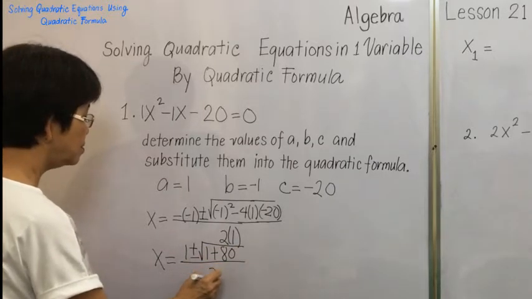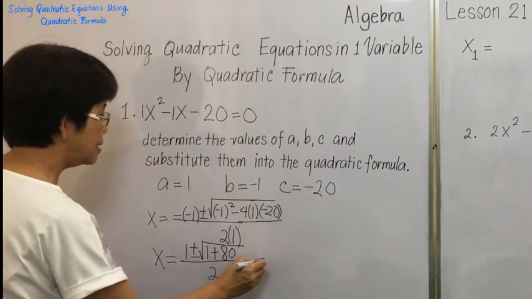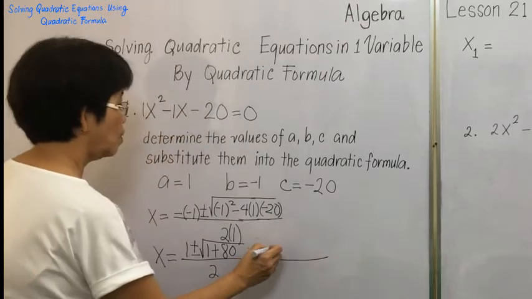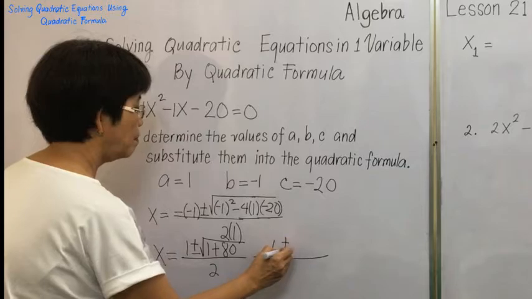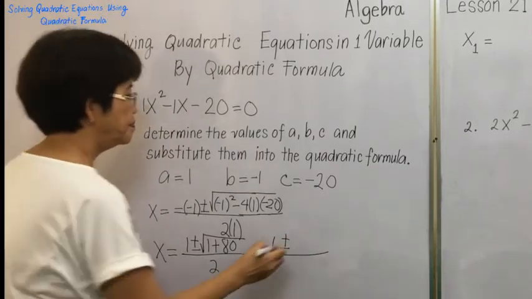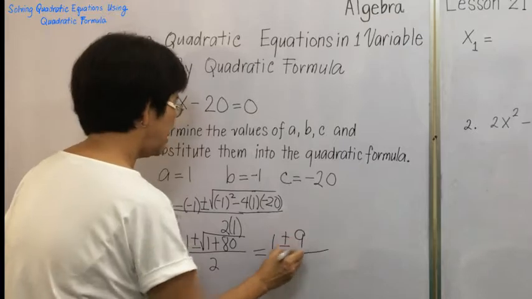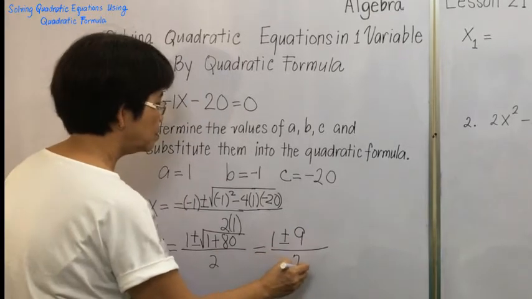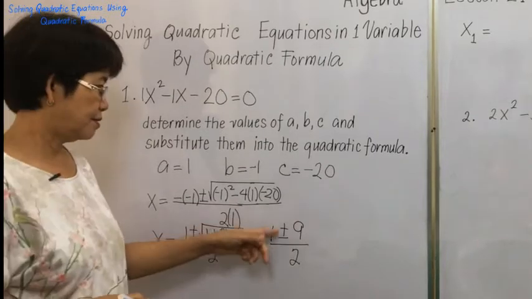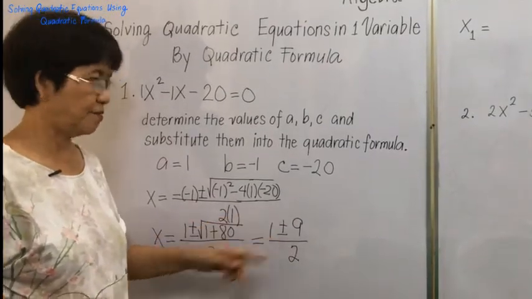All over 2. So that is equal to 1 plus or minus the square root of 81, or 9, over 2. So we have two possible answers here because we have a plus and a minus.